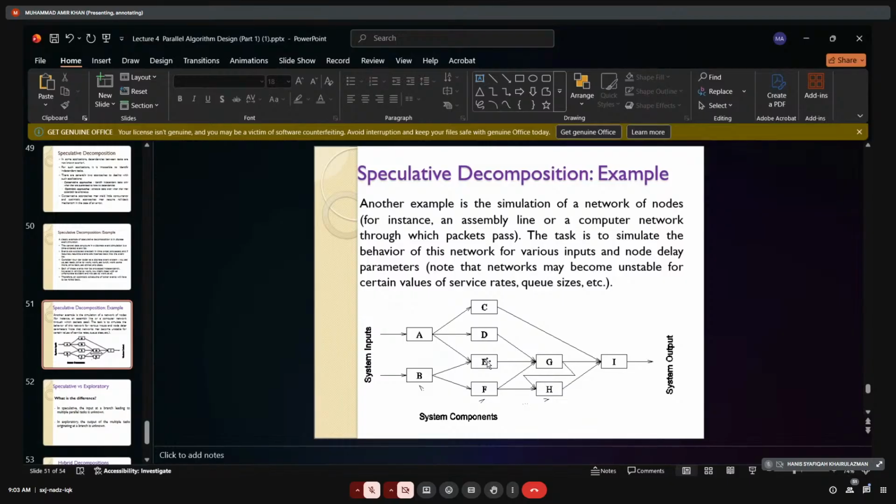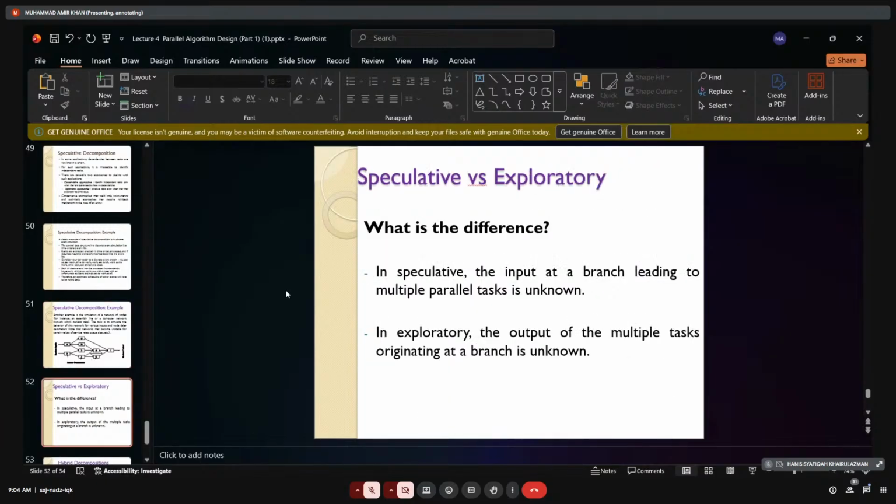Even if the normal route is maybe 5 kilometers and the highway is 2 kilometers, the highway is already blocked. So we can go A, D, G, I like this. This is basically called speculative decomposition, because it learns the behavior of the network or system: if there is some delay, we can choose the alternate route.